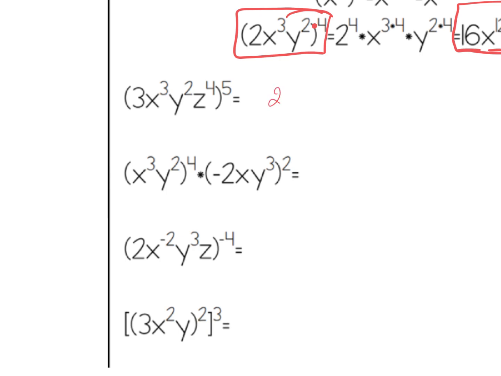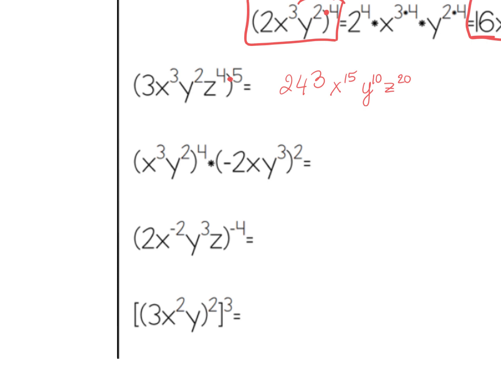I got 243, okay, and then x to the power of 3 to the power of 5, so I take 3 times 5, which is x to the power of 15. Y to the power of 2 times 5 will be y to the power of 10. Z, 4 times 5, z to the power of 20. All my exponents are positive, so I can move on.